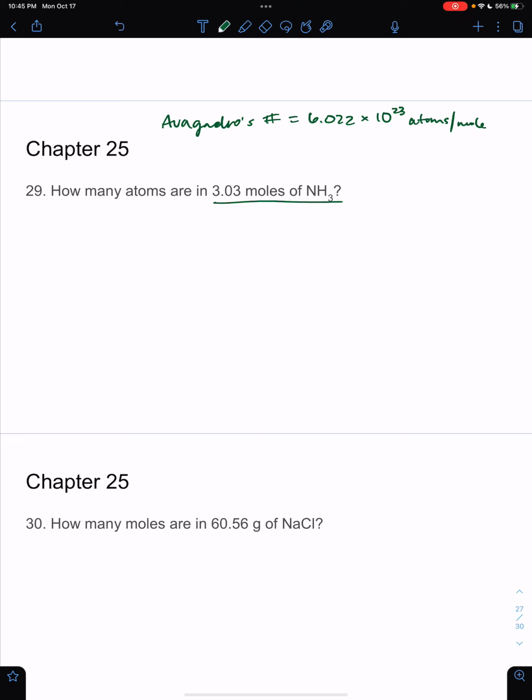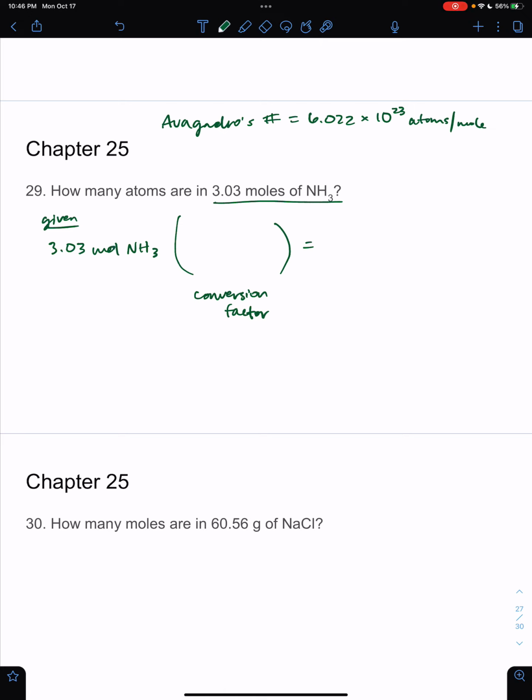We are given 3.03 moles of NH3. We're going to have to use a conversion factor to get from moles to atoms.